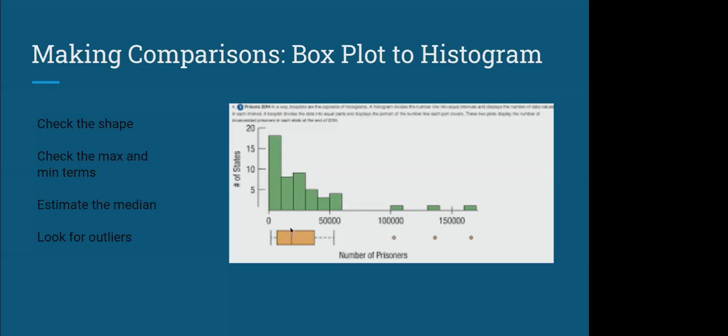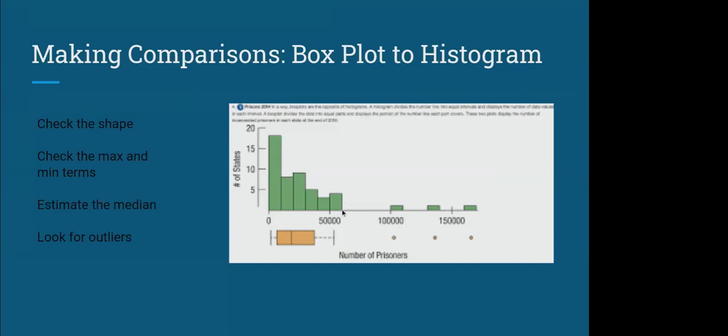The maximum terms, they went by 10,000s. So 10,000, 20,000, 30,000, 40,000, 50,000, 60,000. So we see that the max and min are 0 and 60,000.